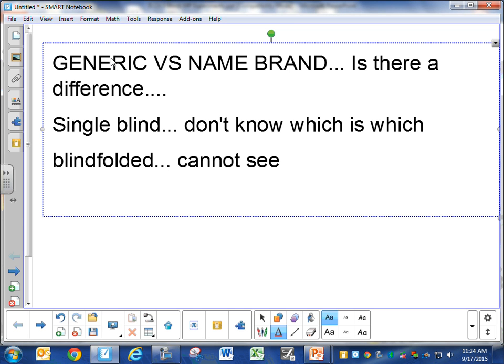We're probably going to do this in pairs, so you're going to tell whoever you prefer. But let's say I show up with two bowls, bowl A, bowl B, but I don't tell you which one is which, okay? And I give you A and B.